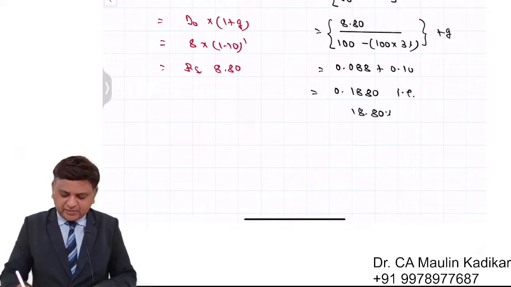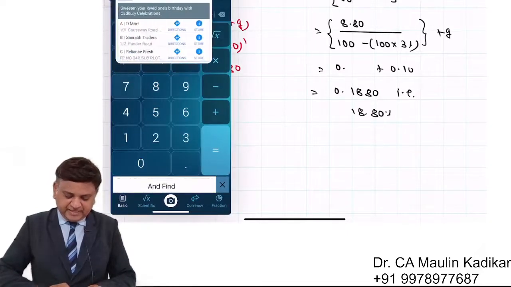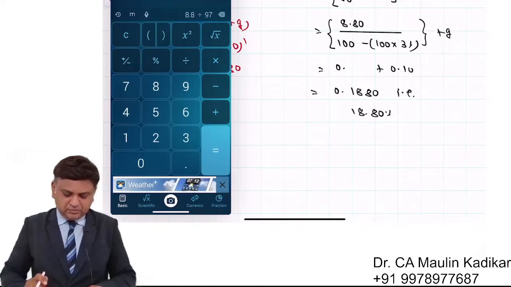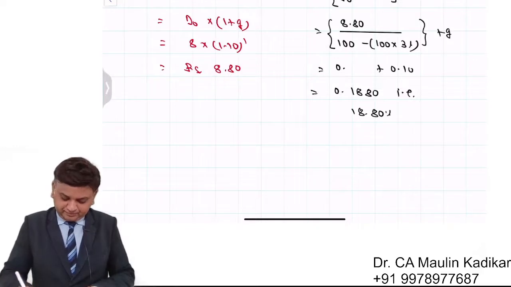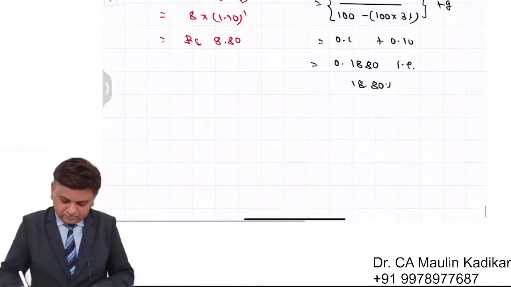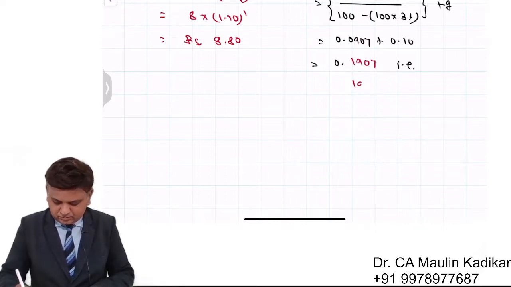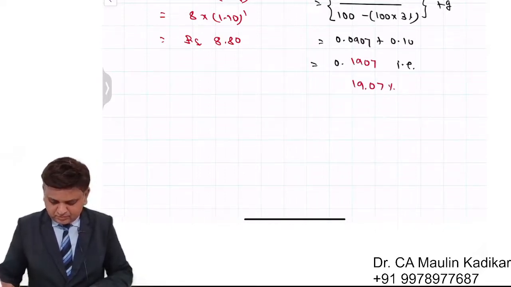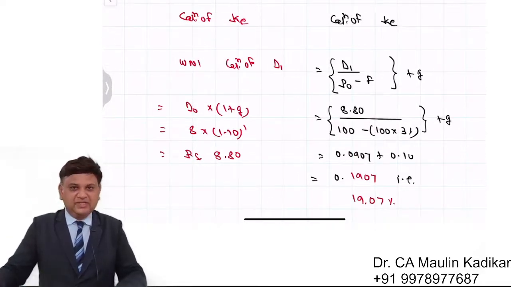It is 8.8 divided by 97. That comes to 0.0907. So that comes to 0.1907. That is 19.07%. Please write an answer.